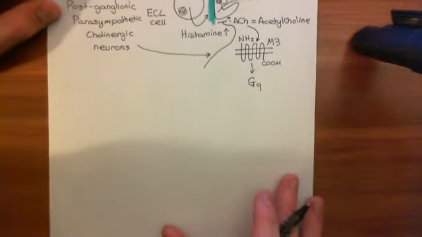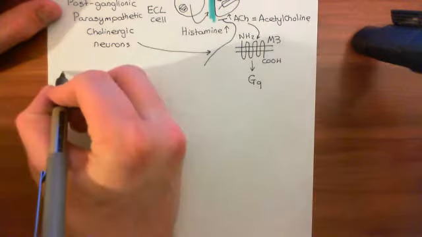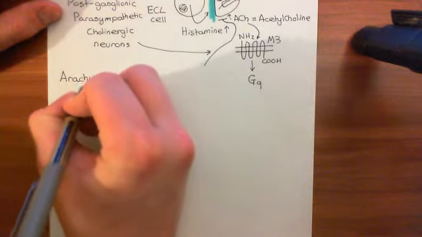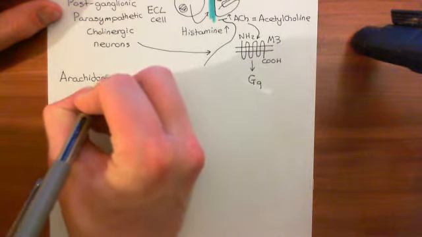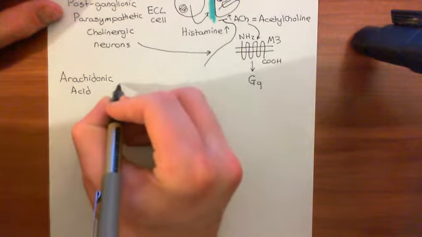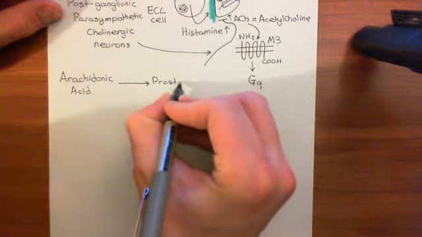Okay, so basically, prostaglandin E2 is synthesized from arachidonic acid. So we'll start with arachidonic acid. Okay, so arachidonic acid can be converted firstly into prostaglandin G2, and then it can go on further to prostaglandin H2.